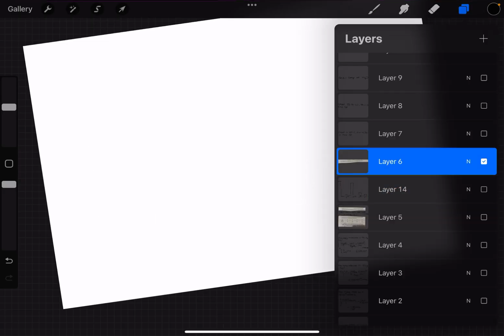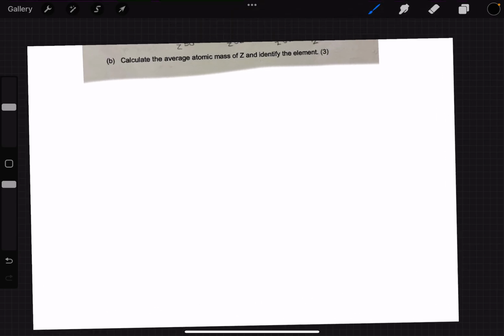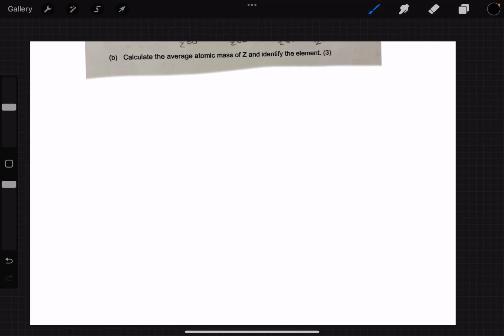relative abundance. Calculate the average atomic mass of Z. This is also connecting to part B. So essentially it's the same thing. For Z of 50, you're going to do the isotope number times the relative abundance in decimal form.